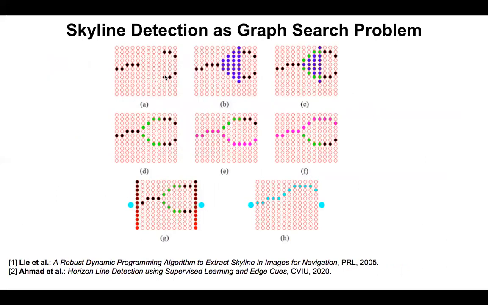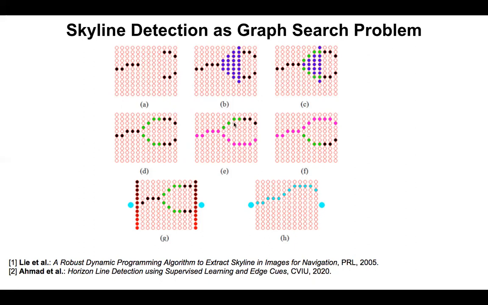There are some more steps, and I invite interested listeners to please have a look at these two relevant papers. Over here, for example, the black nodes are the output of the edge detection. Then we have a search window where we connect this edge with this black edge and fill these gaps, because edge detection is never going to be perfect.